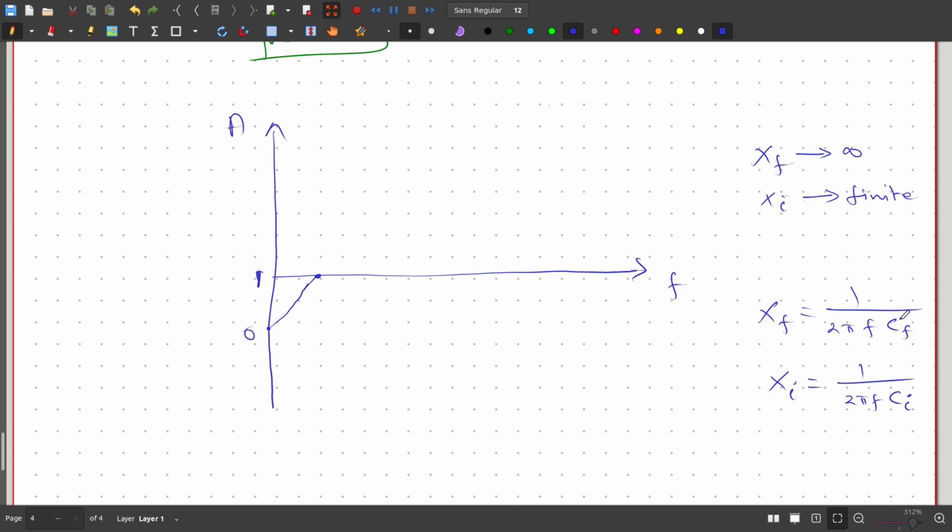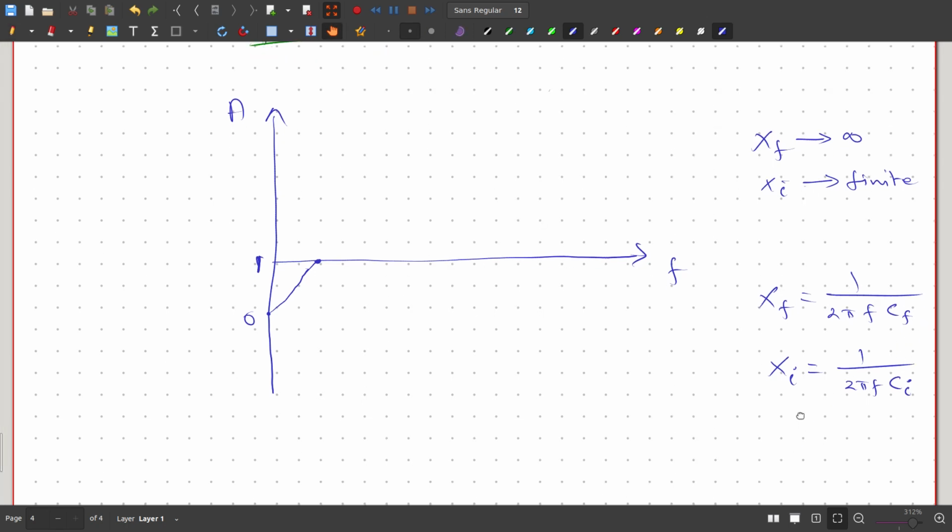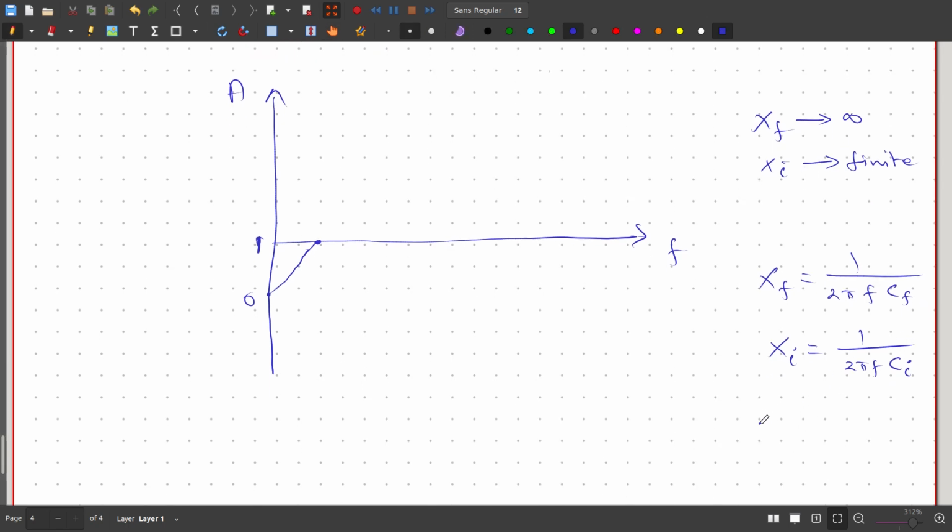Cf and Ci are chosen in such a way that Cf is way less than Ci. Okay, and since the frequency is increased, not 0 here, since Cf is very much less than Ci, this product is very much less than this product.